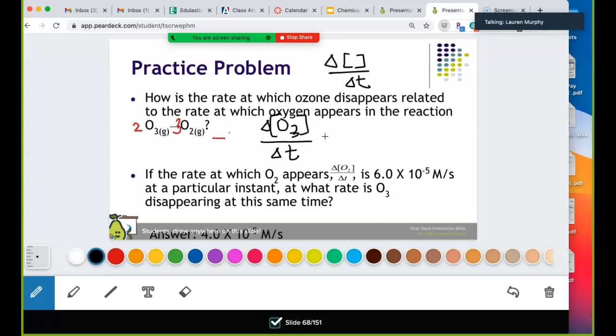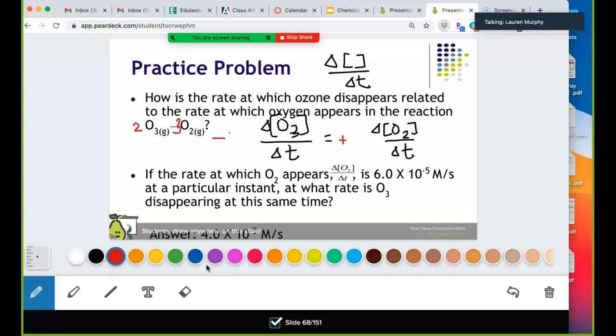And then you set that equal to... Now the rate of oxygen would be the same term, but you're going to have oxygen in there, right? Because this term means rate. So we're going to have change in oxygen over change in time. Now this should be positive, right? Because oxygen is being produced. So we should be making oxygen. And then of course we have to consider their coefficients.